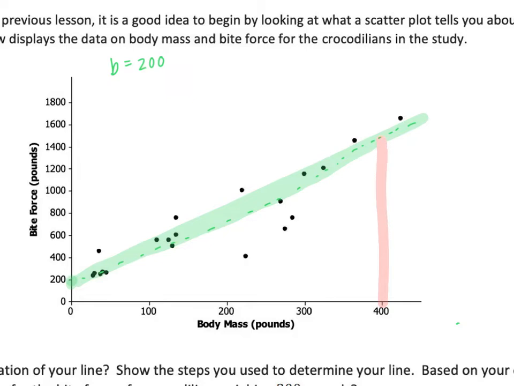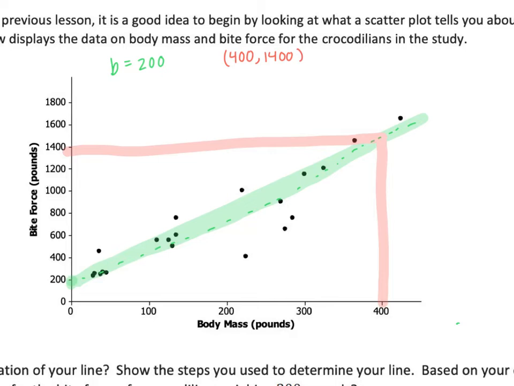Okay, I would say it hits at 1400. So I got one point right there. So this point is 400 on my x, 1400 on my y.